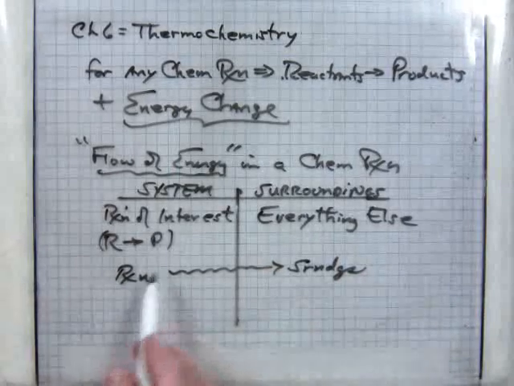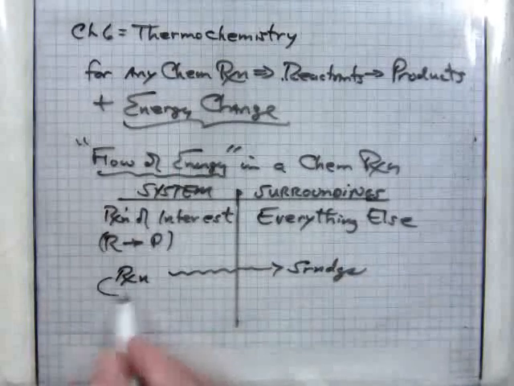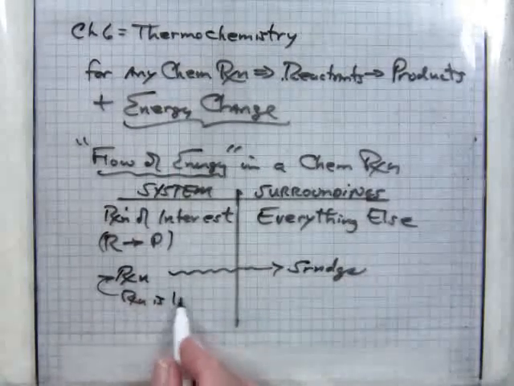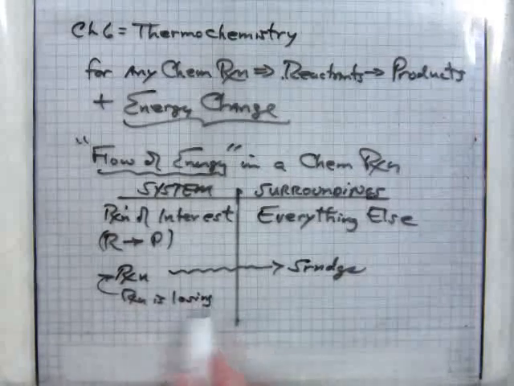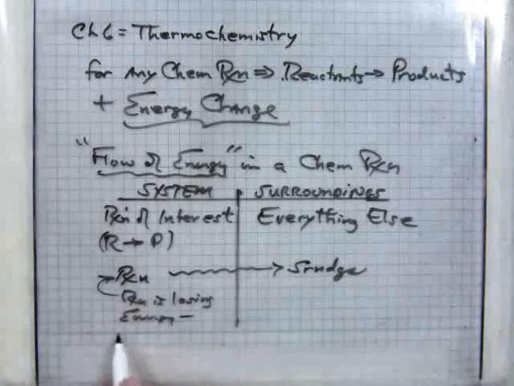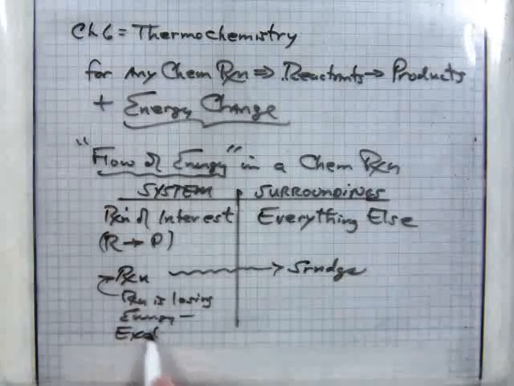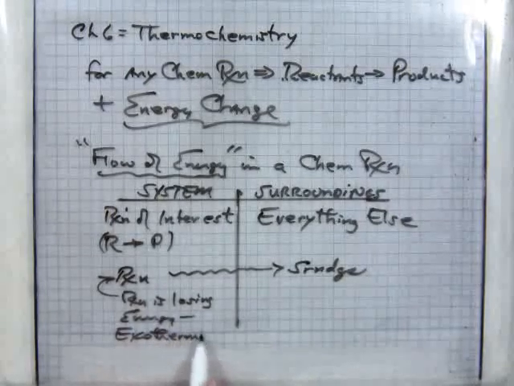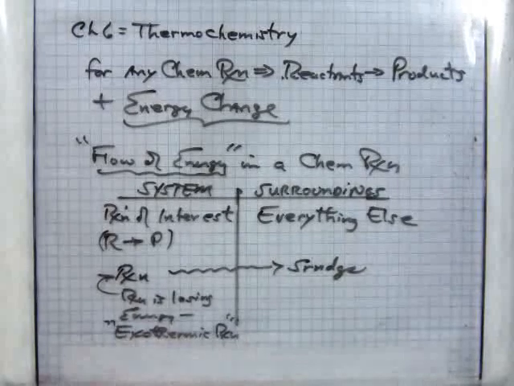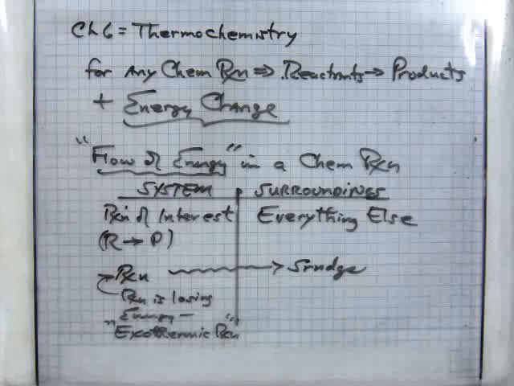So what this means is the reaction is losing energy and is therefore an exothermic reaction. The general definition of an exothermic reaction is that the reaction system decreases in energy.